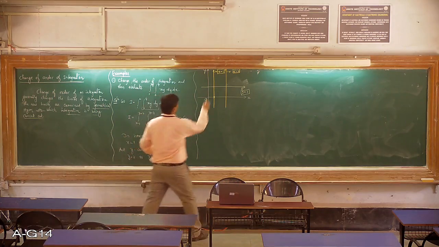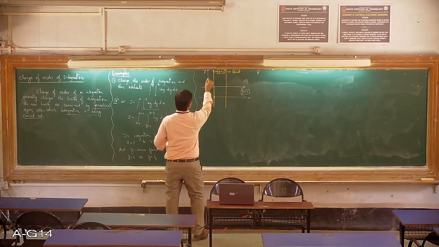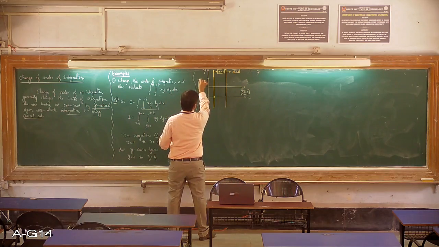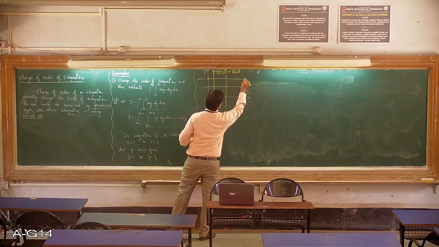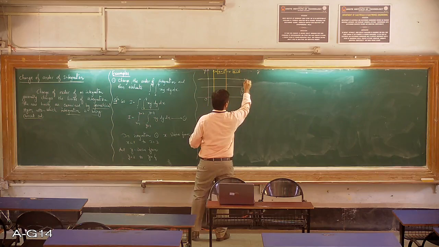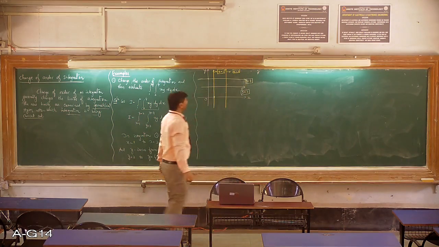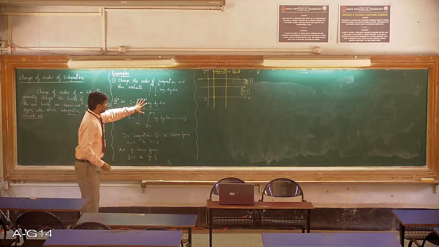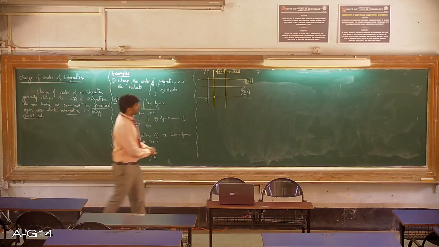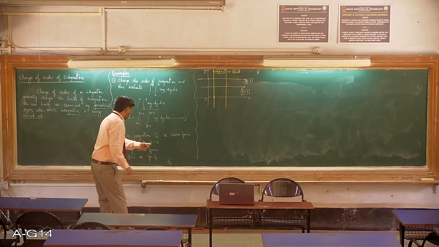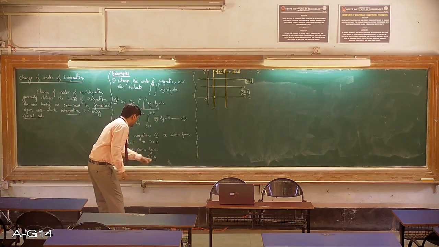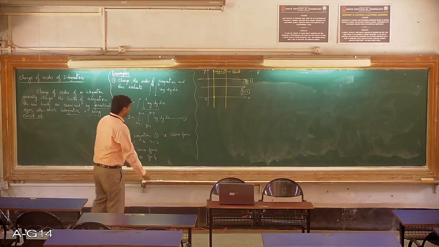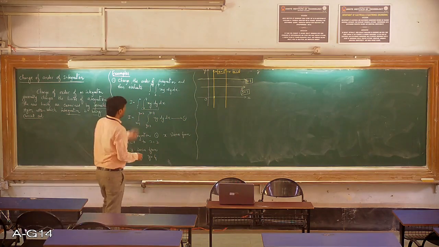Similarly, y equals 4, somewhere here. Okay, and you just draw a line which is parallel to the x axis. Now you can see, whatever they have given, the area which is bounded by x equals 1, x equals 2, y equals 3, y equals 4, is the area bounded by these 4 lines.